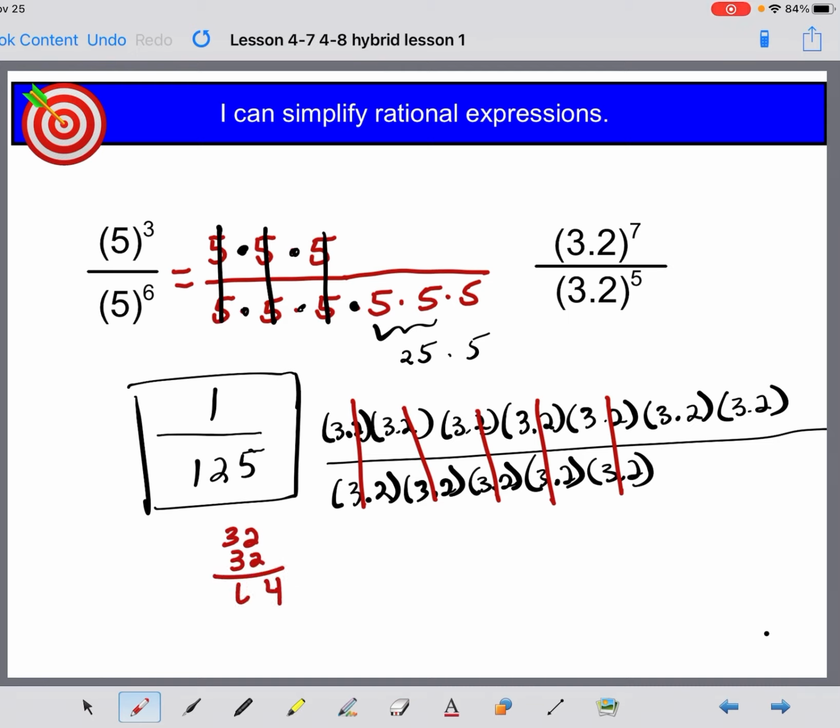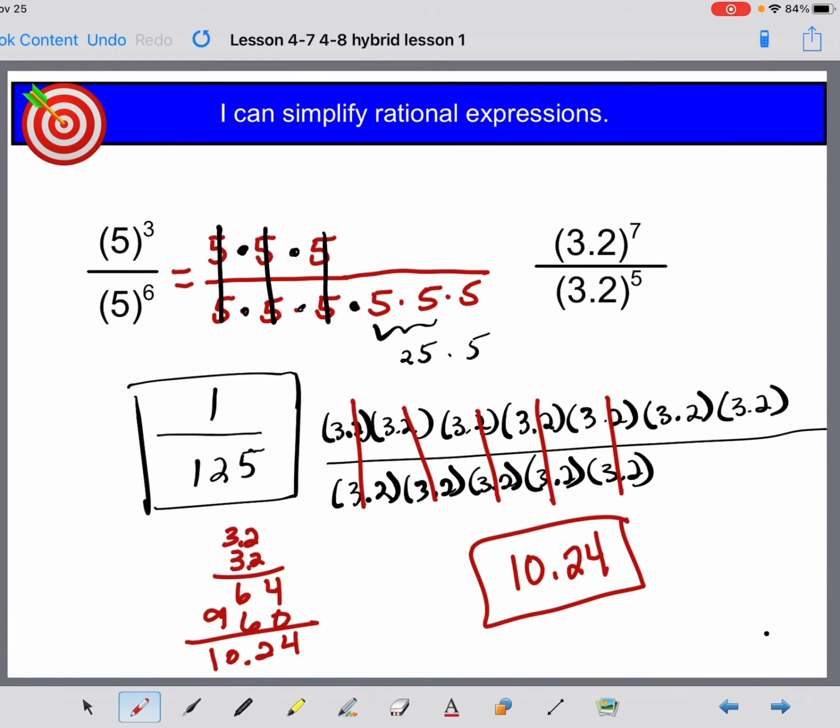And you get 4, 6, bring the 0 down. 3 times 2 is 6, 9, and I get 1, 0, 2, 4. Now, in the original problem, there were 2 decimal places, so my answer is 10 24 hundredths.